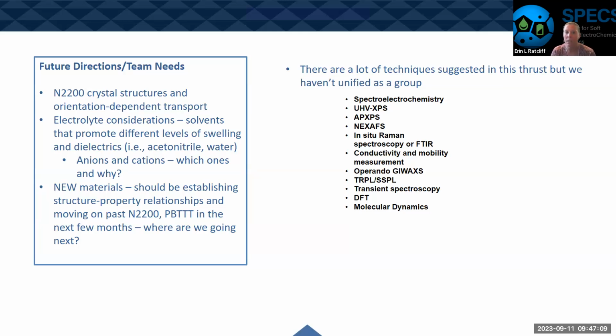What have we learned? It's allowed us to do some technique development. It'll allow us to ask some questions about polaron cation interactions. But then I do really think that by January, especially in the transport thrust, we should be starting new areas and new projects and thinking about different types of polymers, maybe sidechain free polymers, for example.